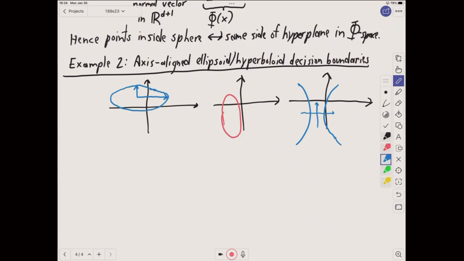All right, so if you would like to be able to generate decision boundaries with all of these shapes, then it's pretty easy to do so because in 3D, these shapes always correspond to the following formula.